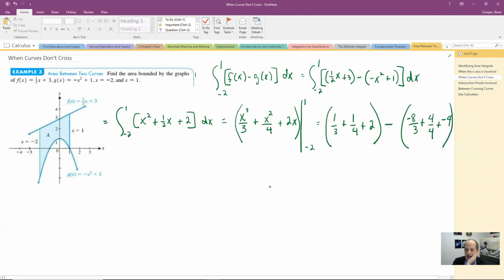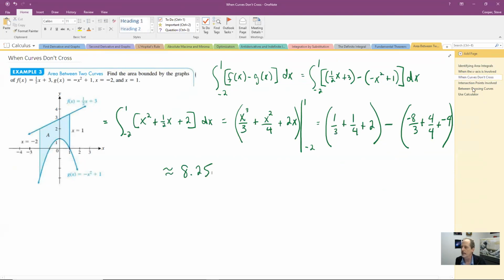All right, and if you tally all of that up, you should get an area of roughly 8.25. All right, so that's the area that's shaded here in blue.